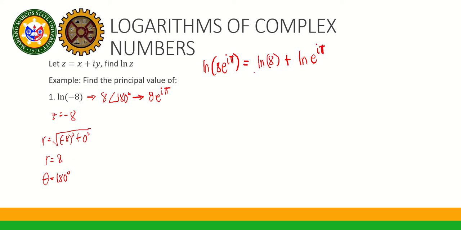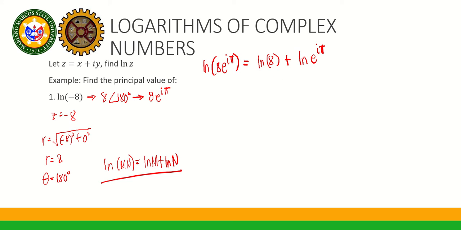Okay, so yung ginawa natin is rule ng natural logarithm na kapag multiplication to, paghiwalayin mo sila magiging addition. So, ito siya. Ln of mn is equal to ln of m plus ln of n.